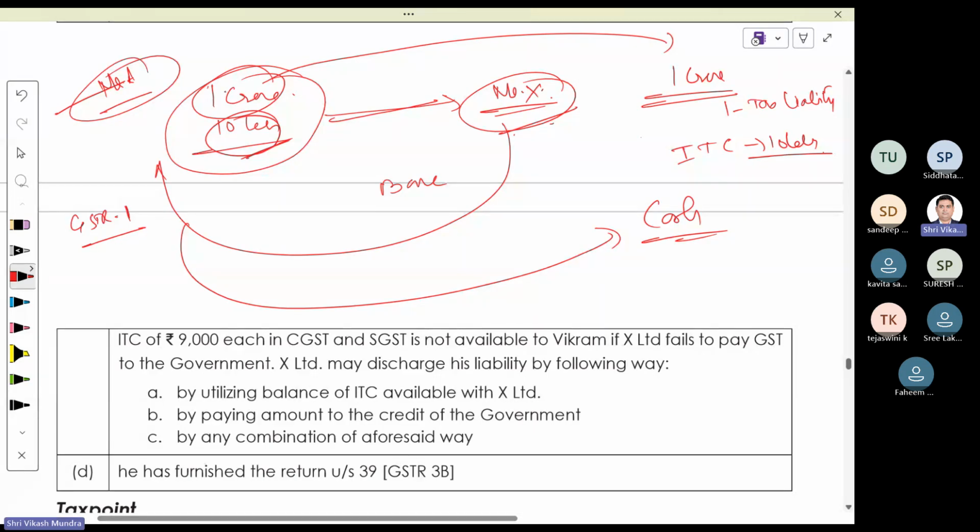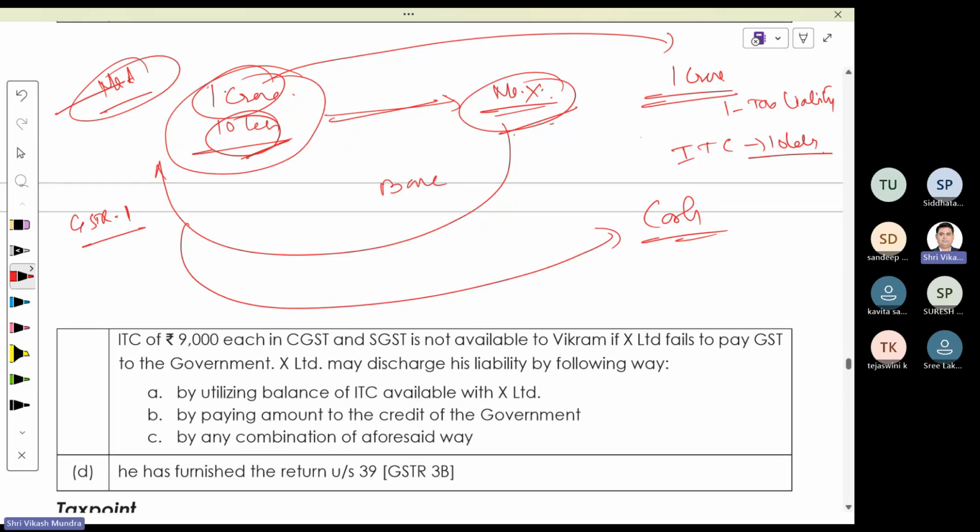But Mr. A did not furnish GSTR 3B for 1 month, 2 months, 6 months, 10 months, 12 months, 14 months. He furnished GSTR 1, but he did not furnish GSTR 3B. And one fine day, he disappeared. Mr. A went away.